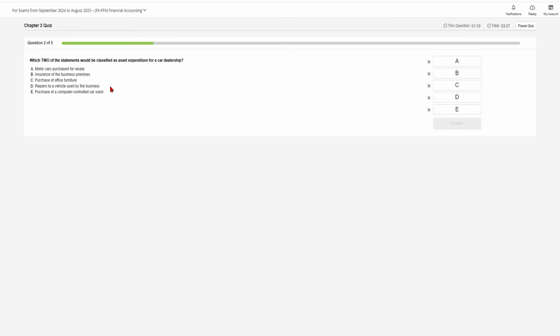It depends how much we have spent on repairs to the vehicles. If a large amount is spent, then it could be capitalized in nature, but here they didn't mention that, so just assume that repairs simply go to expenditure. Now the last is purchase of a computer. It is an asset, we are going to use it for more than 12 months. So we have C and the last one, A.